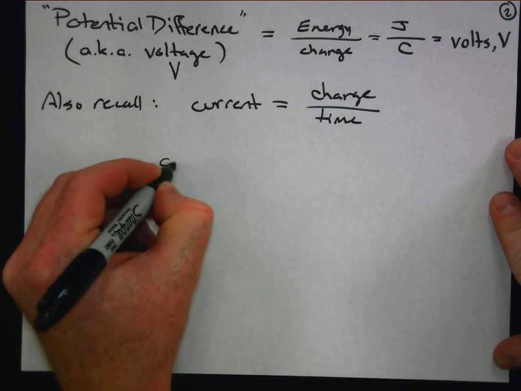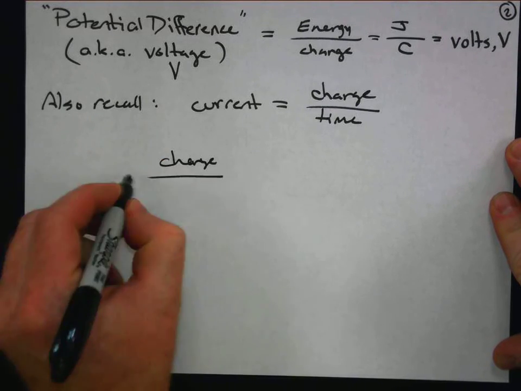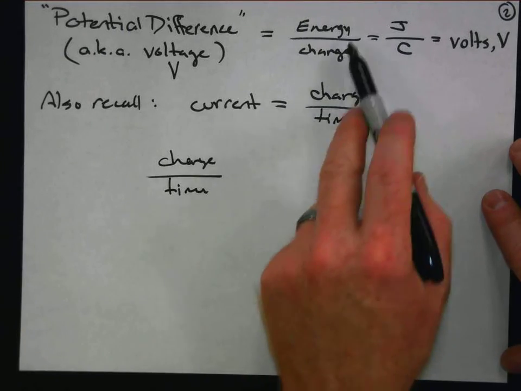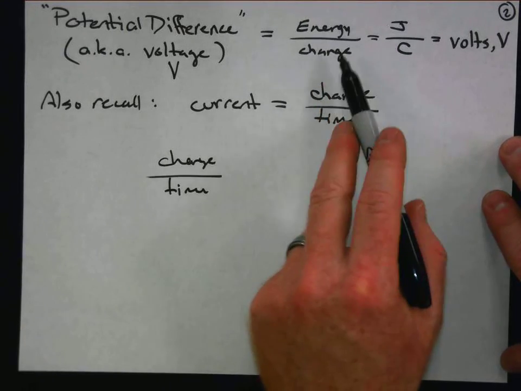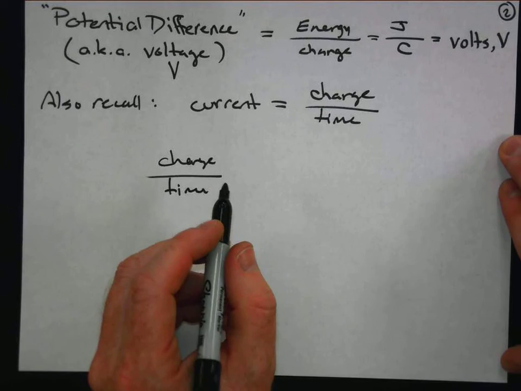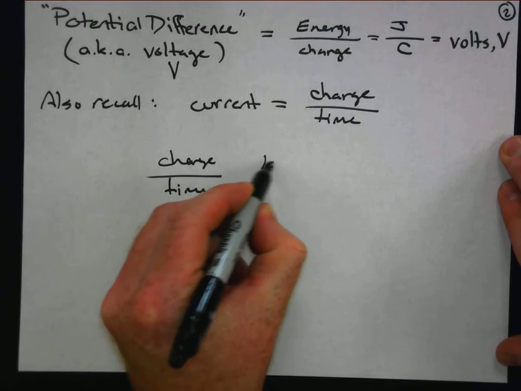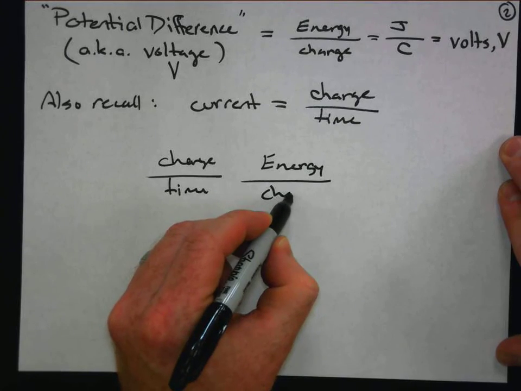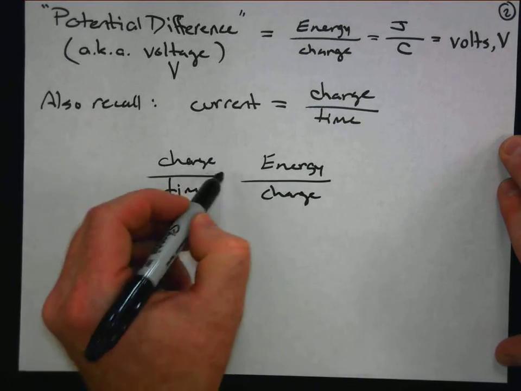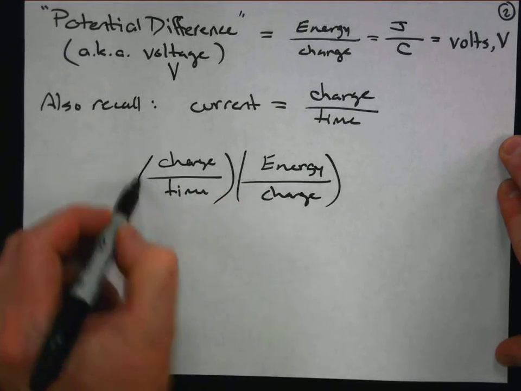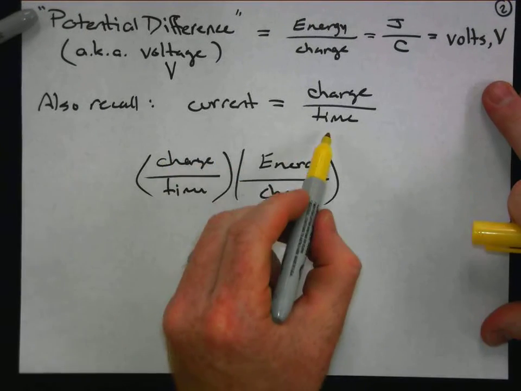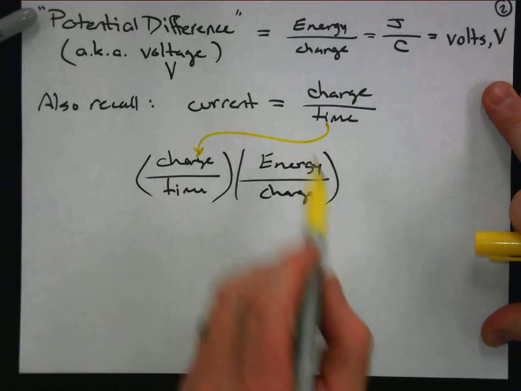We're going to say charge per unit time. And we're going to take this expression for voltage, energy per charge. And we're going to multiply and watch what happens. So we put it right next to each other. Energy per charge. We're just going to multiply and see what's going on here. This came from here. This came from here.